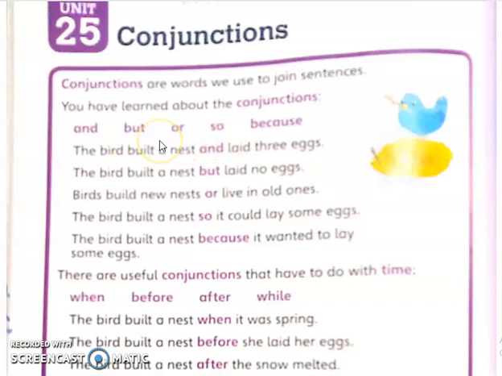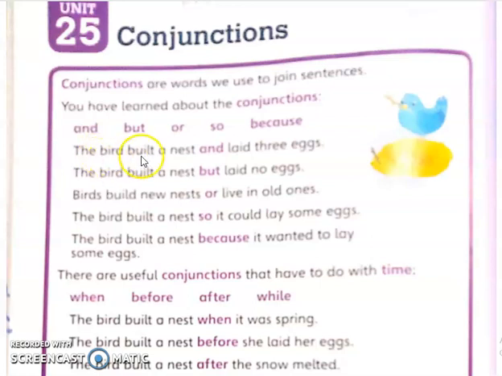And, but, or, so. These are some coordinating conjunctions that we use to join sentences that are of the same grammatical type. Like you can see the first one, and, we use for the same ideas. When we have two sentences having the same ideas or same sense, we use and to join them to make one sentence.